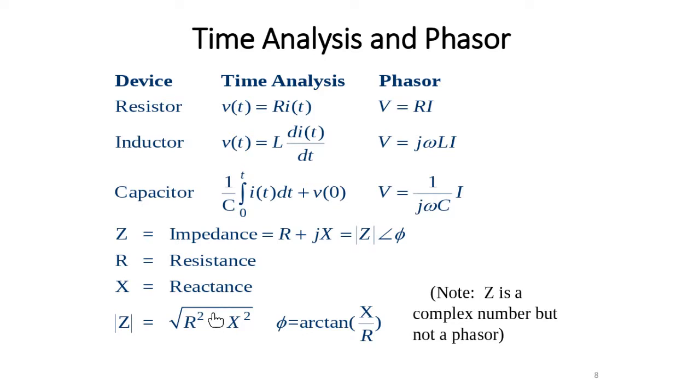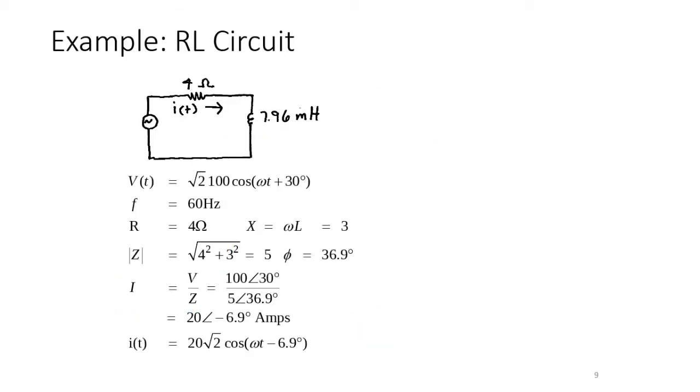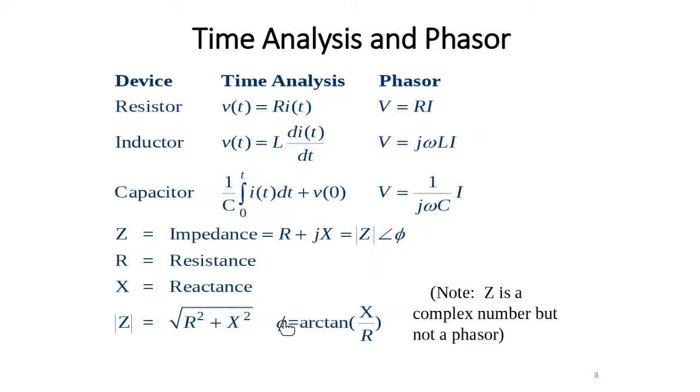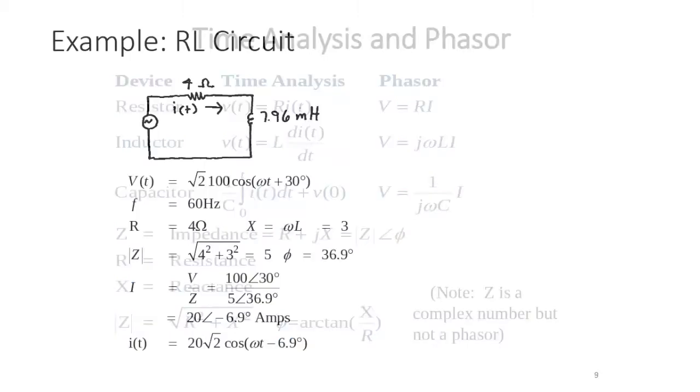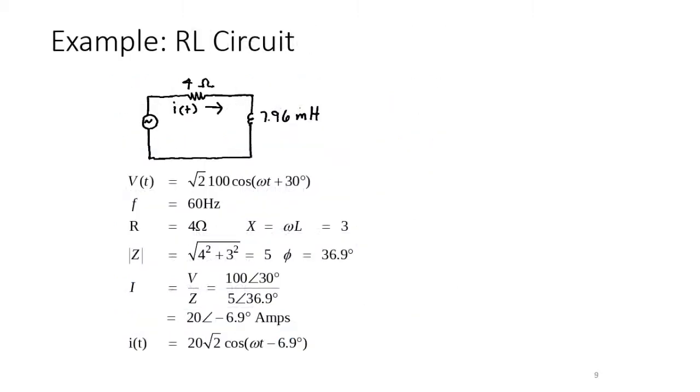The real part, the imaginary part, and you find the hypotenuse, the Z. Also here, before we go on, theta is always the imaginary part over the real part. Arctan, tan inverse, of the imaginary part over the real part will give you the theta of Z, the impedance.